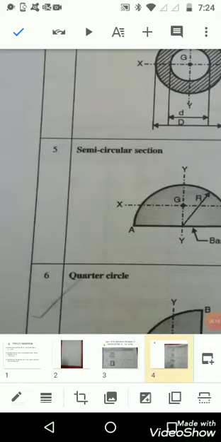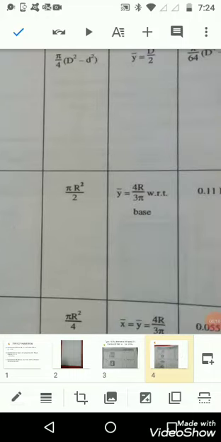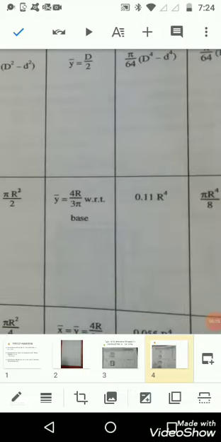It's a semicircular section. Again, area is pi r square by 2, y is equal to 4 r by 3 pi from the base. Again, you should know whether it is from the top or from the base. This is important.